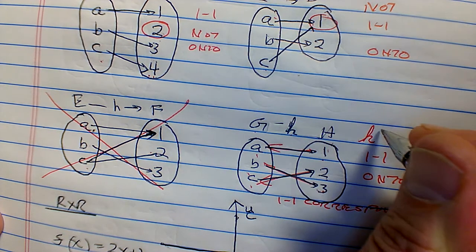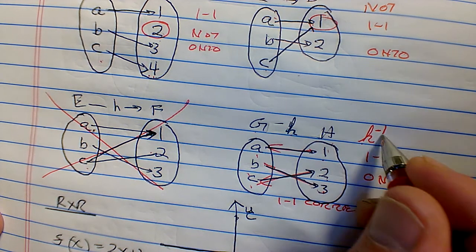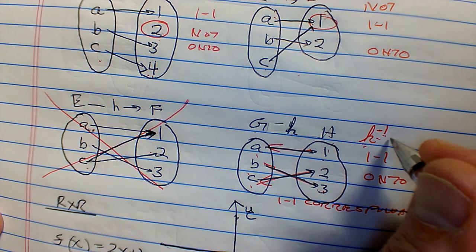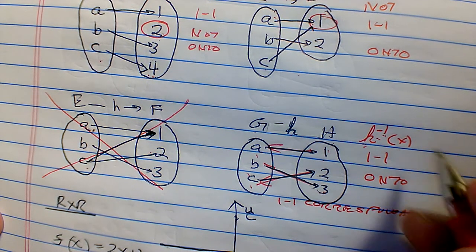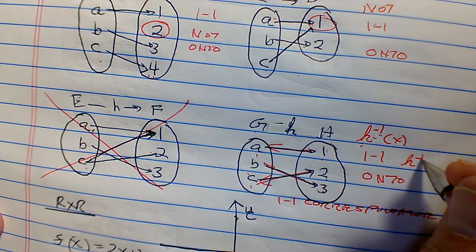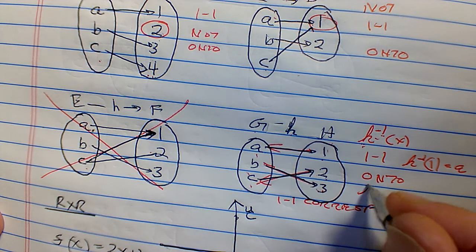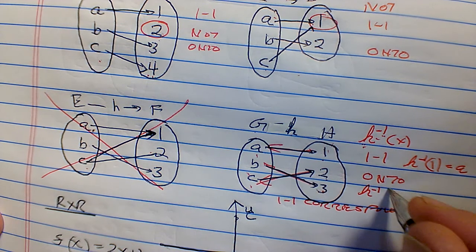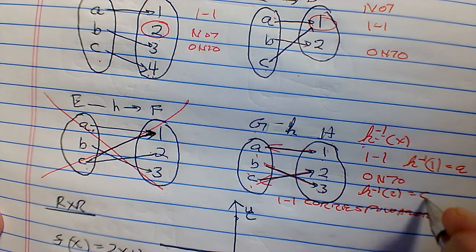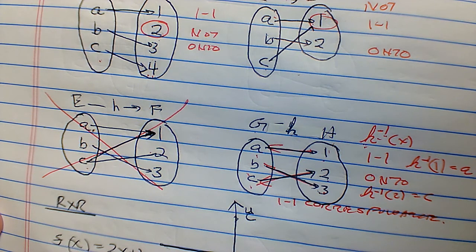We can make another function called k inverse, written this way, so k inverse of 1, for example, is going to map to A. k inverse of 2 is going to map to C. Only one-to-one correspondences have inverses this way.